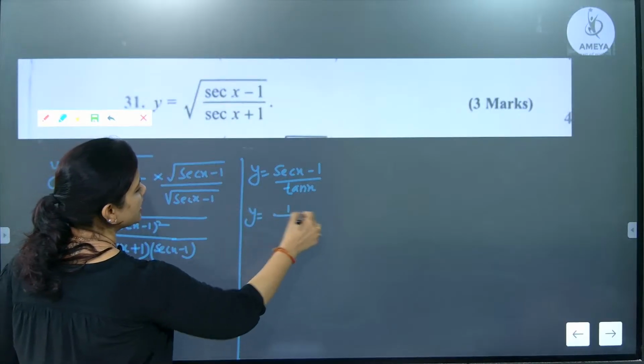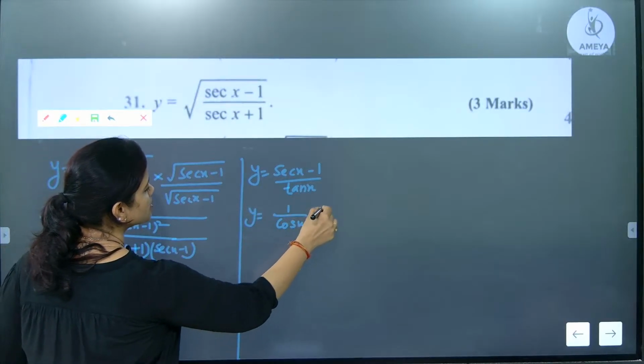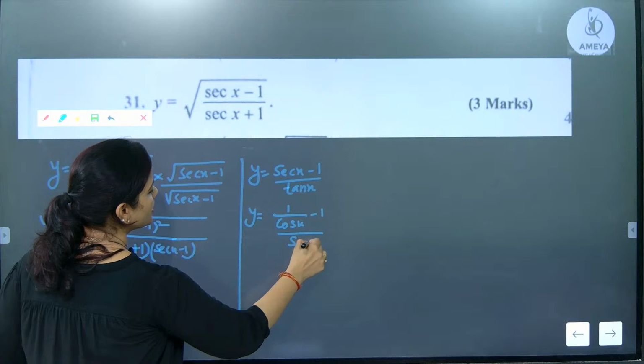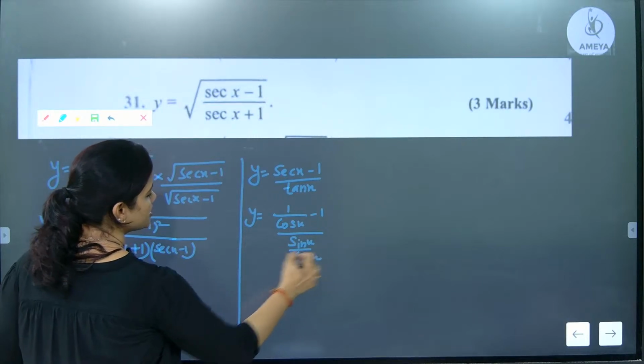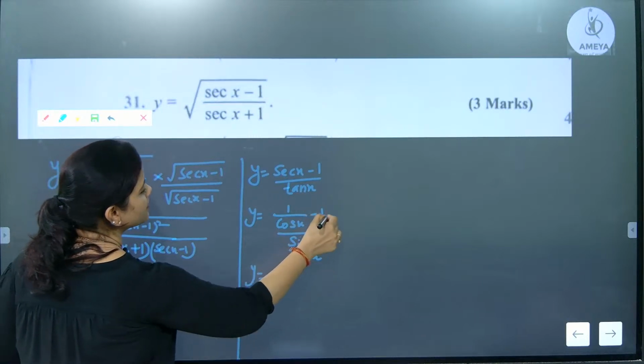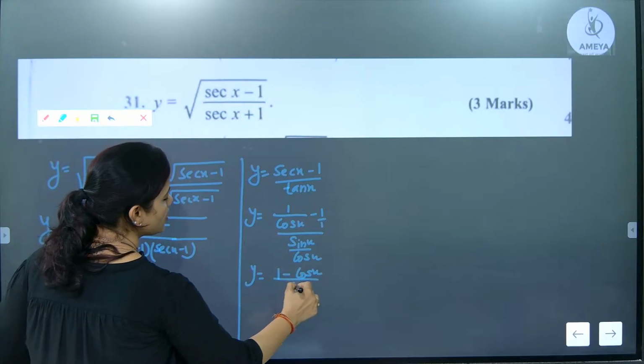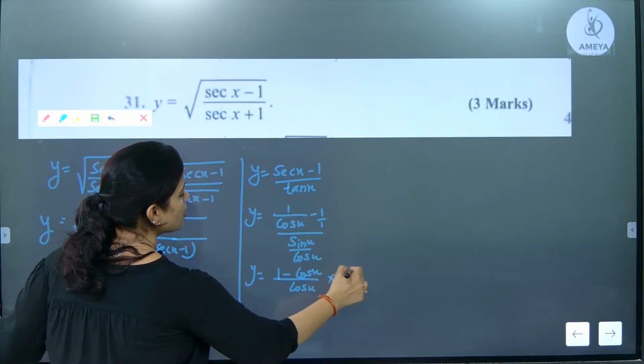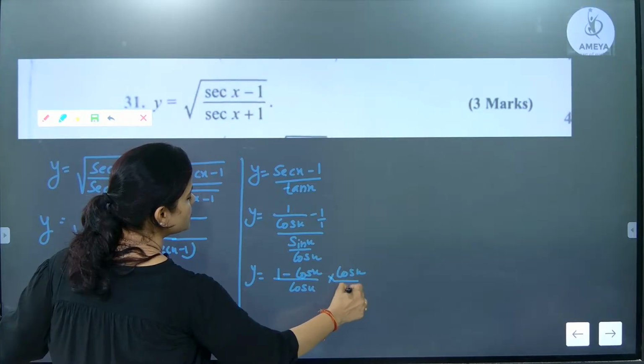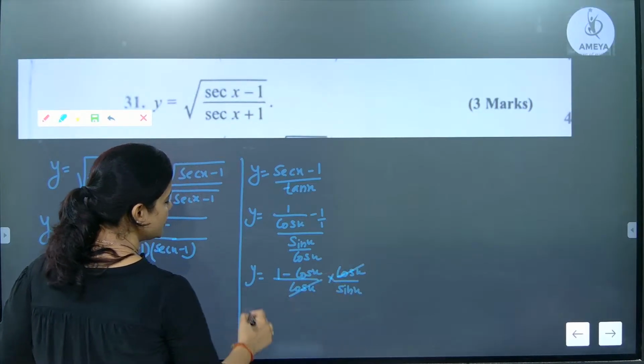Y equal to secant can be written as 1 by cos x, minus 1. Down it will become sin x by cos x. So y equal to, take LCM, 1 minus cos x by cos x. The cos x will go up, sin x will go down, and cos x and cos x will get cancelled.